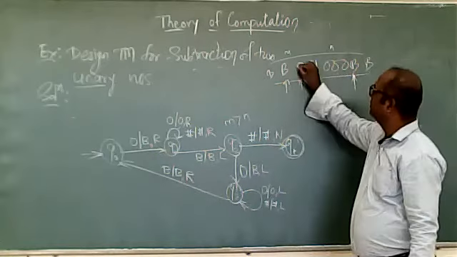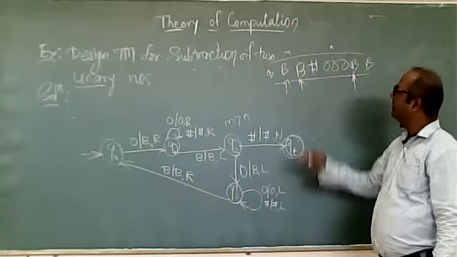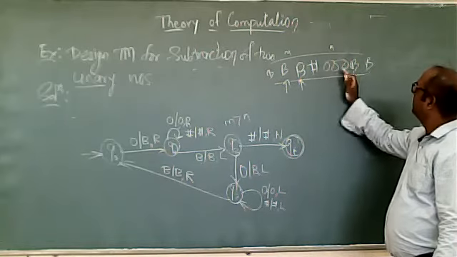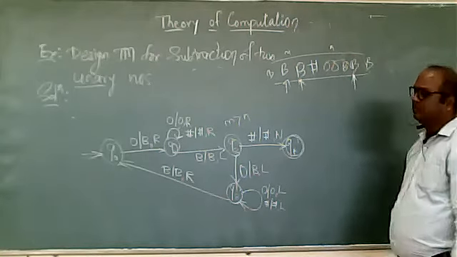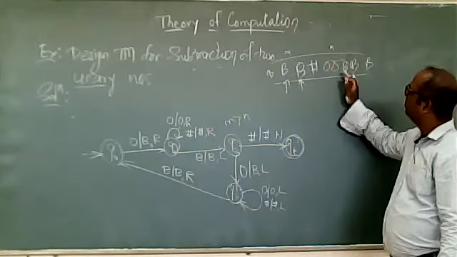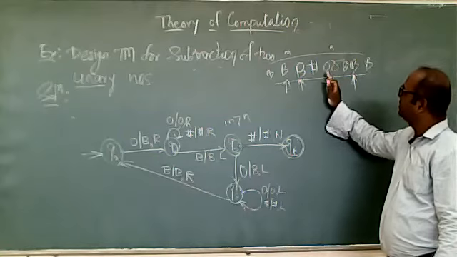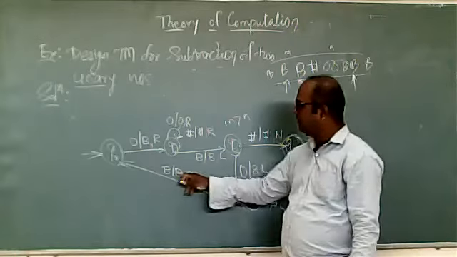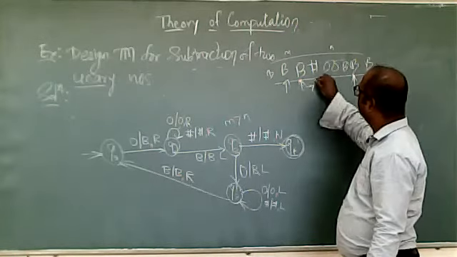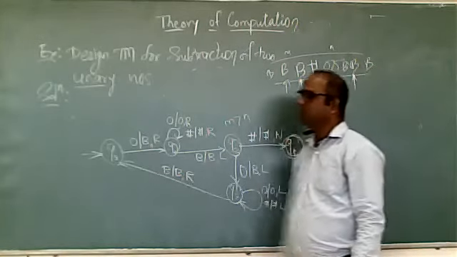Q0 again. This blank. Skip, skip, skip, skip, blank. Turn right and make this 0 a blank. Okay. Now left, skip, skip, hash skip, now blank. Skip everything, blank, blank right. Q0.